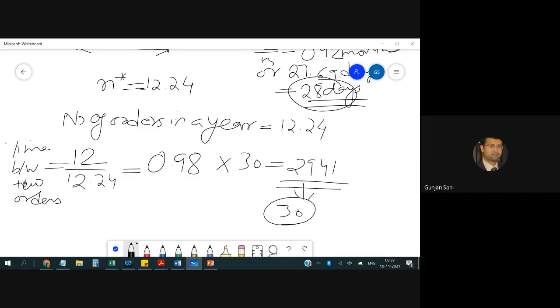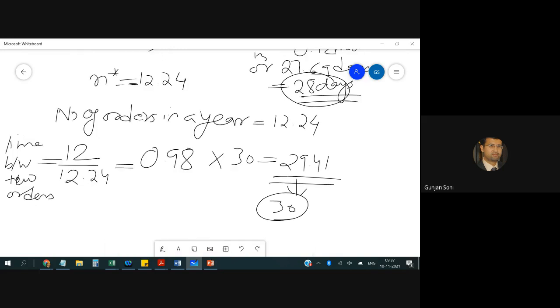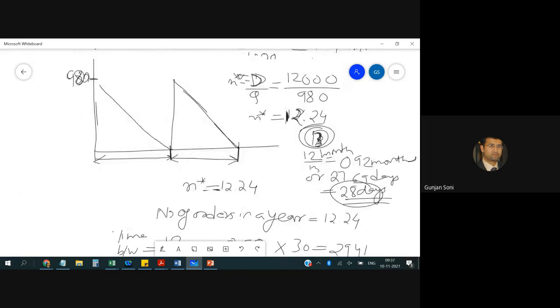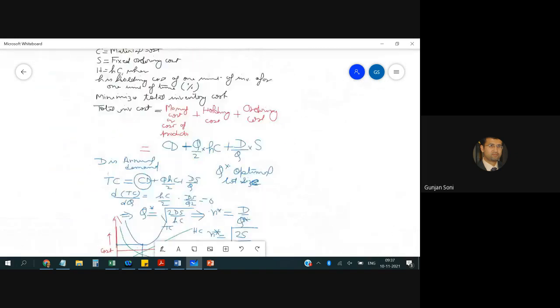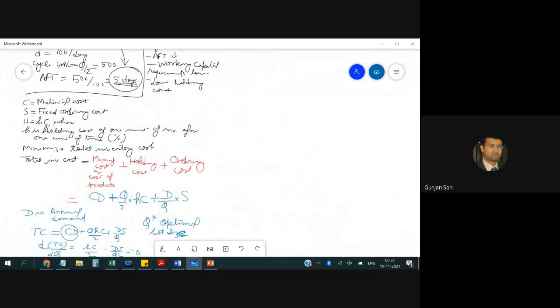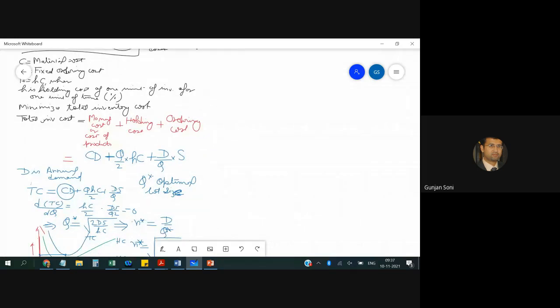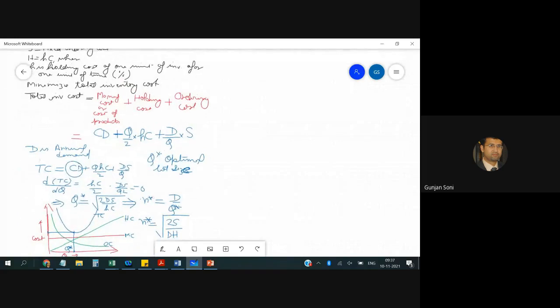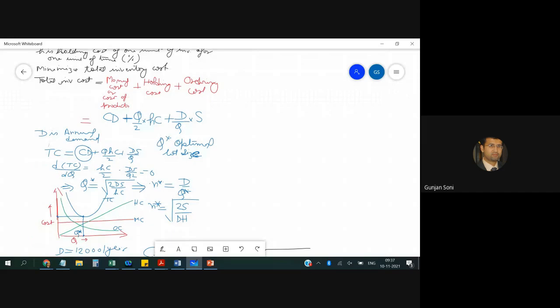Okay, so I hope it must be clear. So let me just give a brief, quick review of whatever we have done. Initially we derived total inventory cost. After deriving, we see that inventory cost has three components: manufacturing cost, holding cost, and the ordering cost.